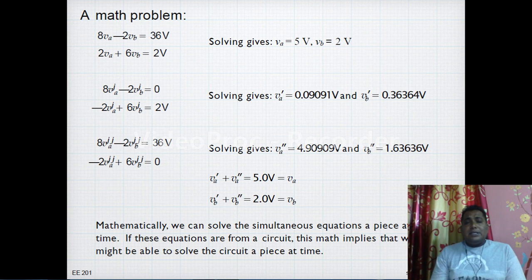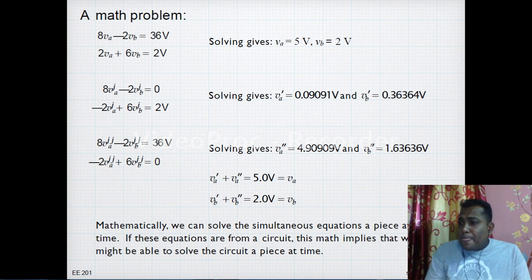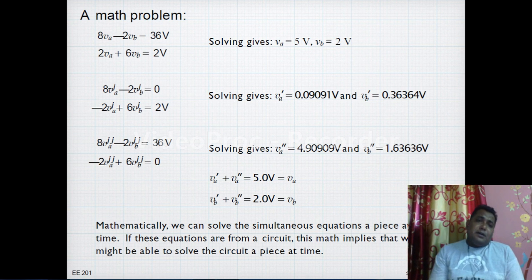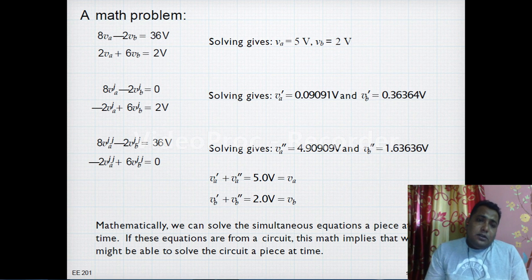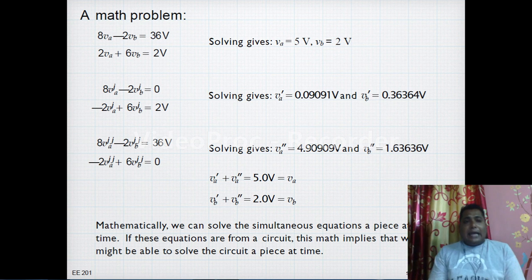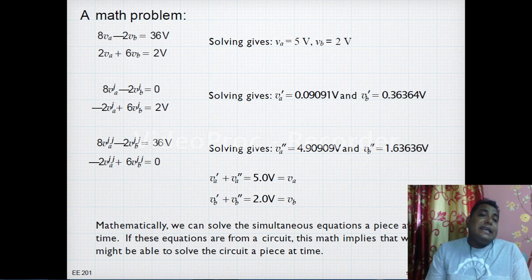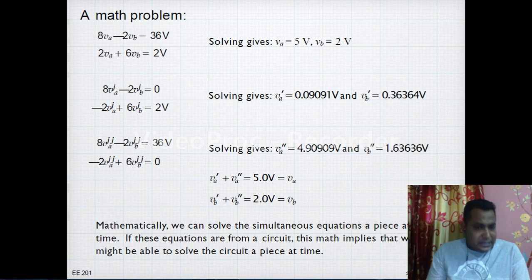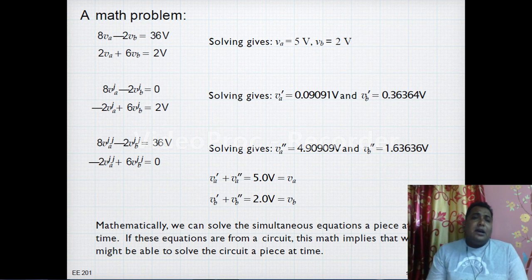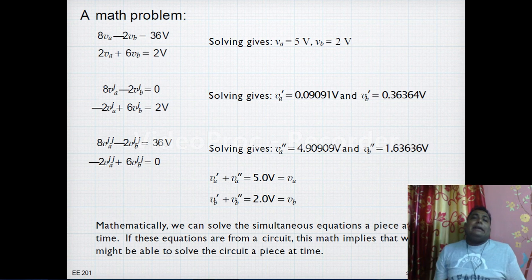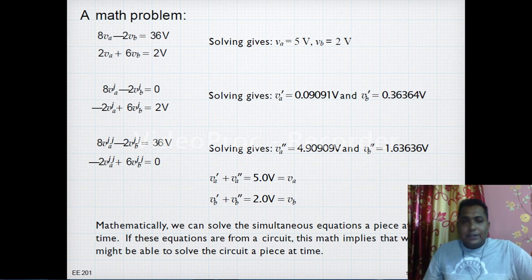I have given this just to say that we have to make equations like this and solve them. This is just to show the patterns of the equations that we have to make for solving with the superposition theorem.